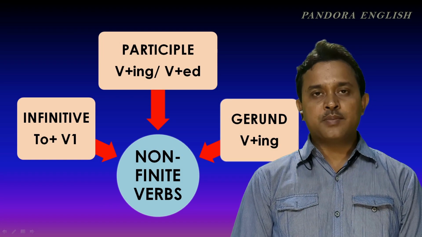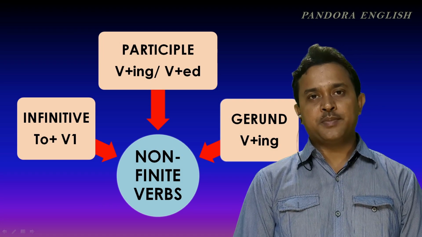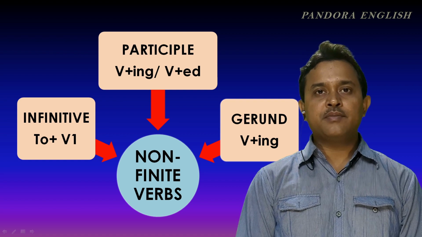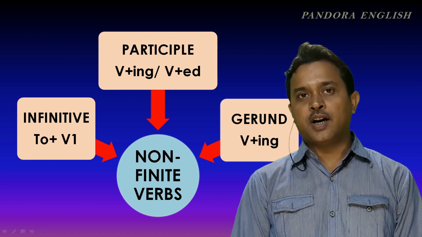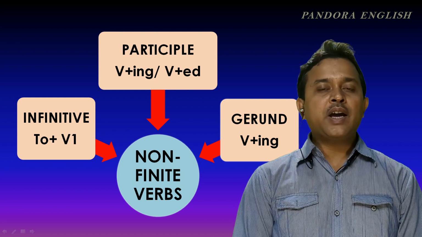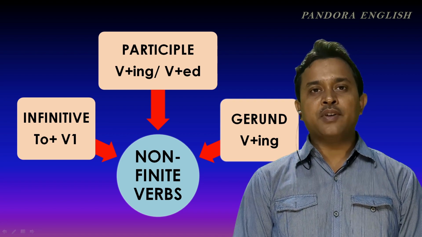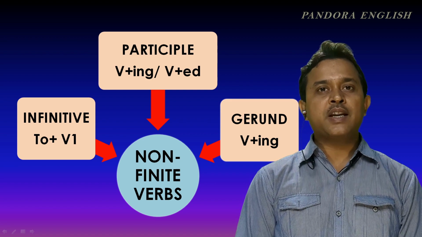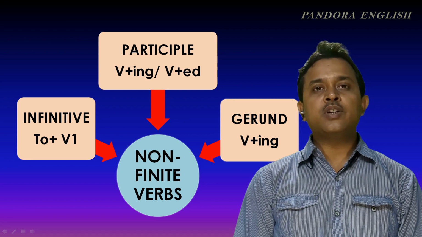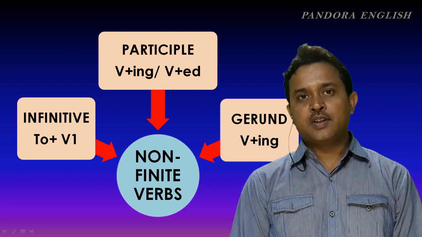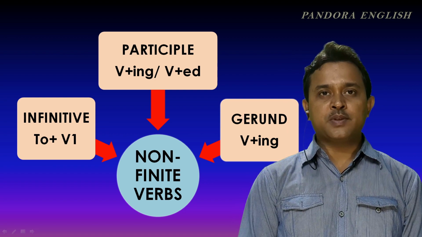The non-finite verbs are of three types: infinitive, participle, and gerund. If we add "to" before the root form of any verb, it becomes an infinitive. There are two types of participle. One is the present participle.